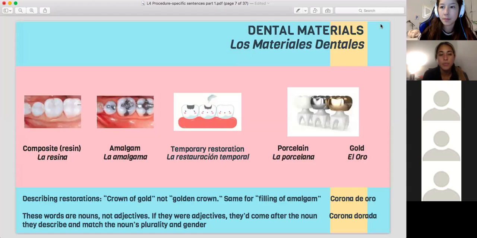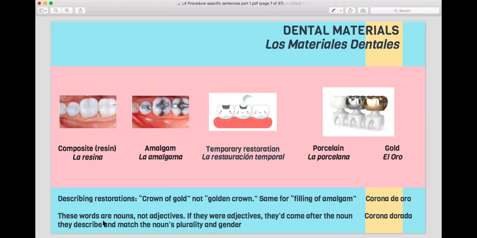Sometimes it might be better to say la corona temporal. I think patients will understand that best, because a lot of times they don't know dental terms and they might not know what a restoration is. Porcelain, la porcelana, and gold, el oro.